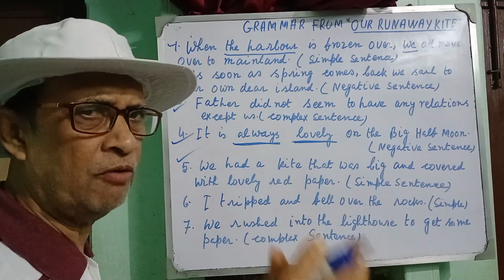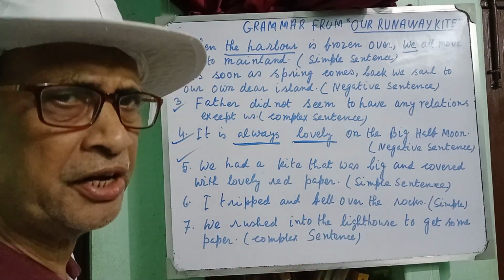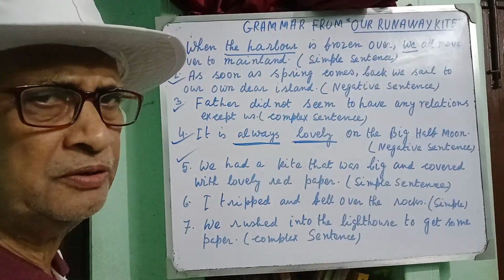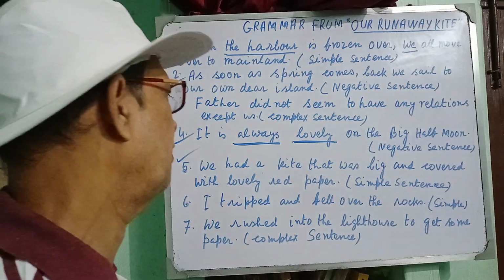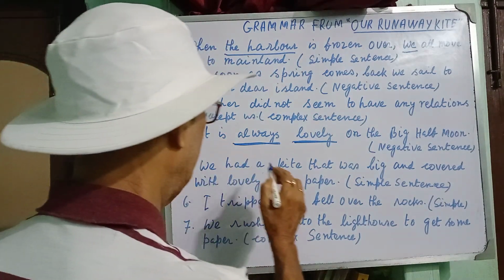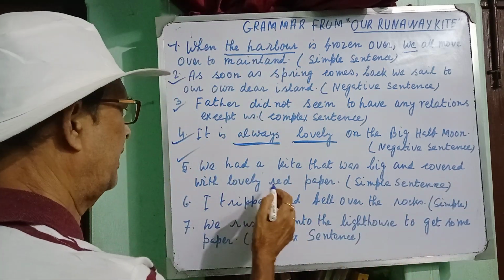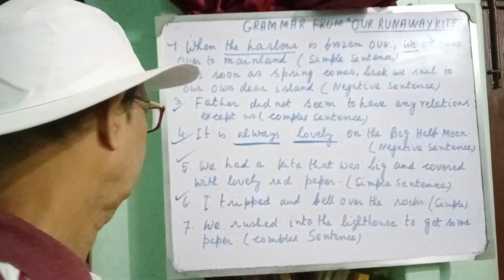Here covered means which was covered, and you have turned it from a relative clause to participial phrase, and it is an example of simple sentence. Again I am repeating. We had a big kite covered with lovely red paper. Now come to the sixth example.